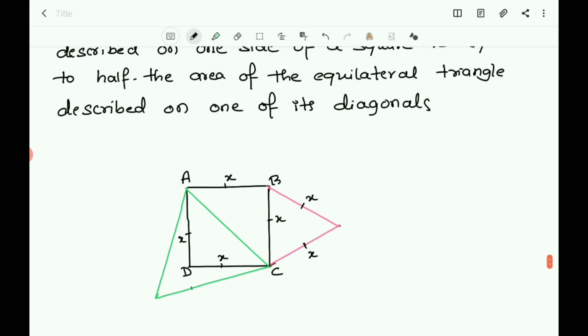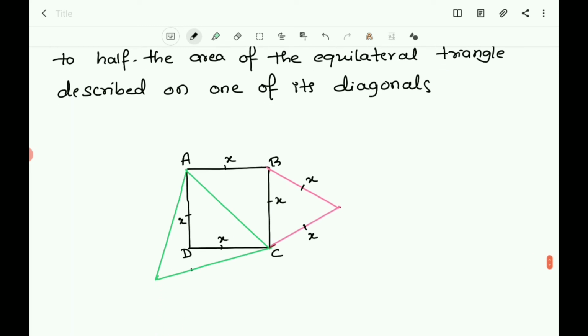See the figure here. Here ABCD is a square, BC is a side and AC is a diagonal, and there is an equilateral triangle on this side BC, let us call it BXC, and another equilateral triangle on this diagonal AC, that is AYC.